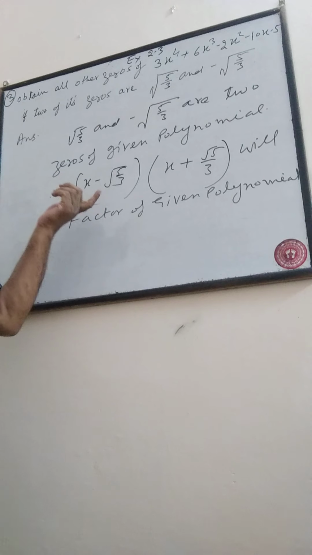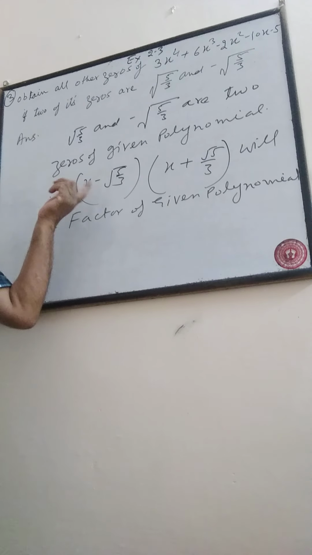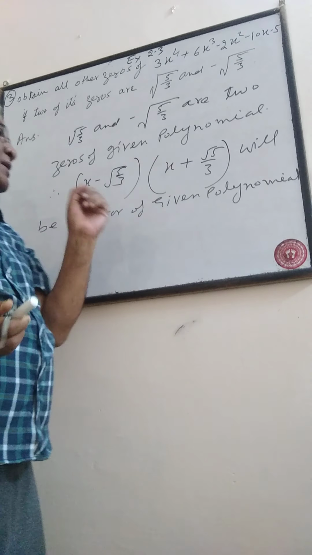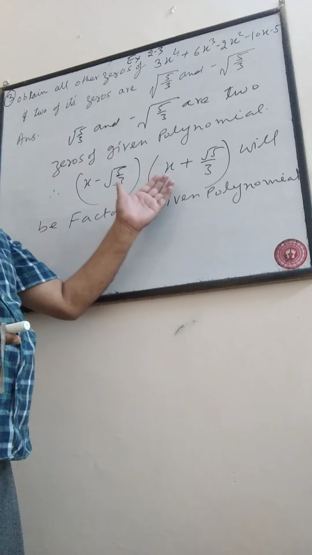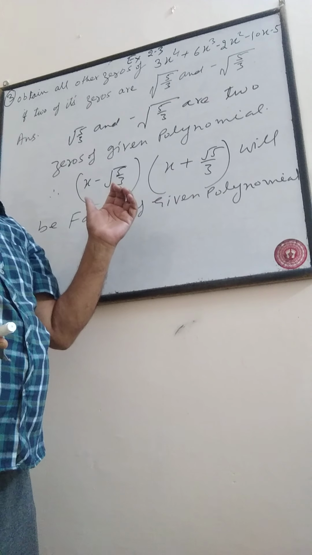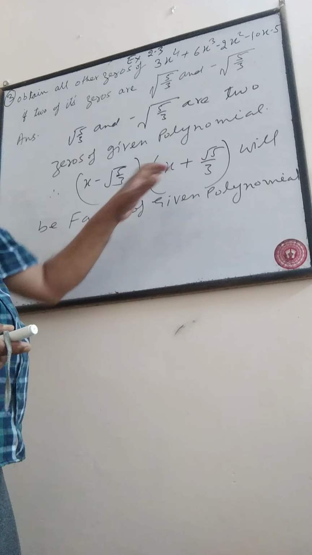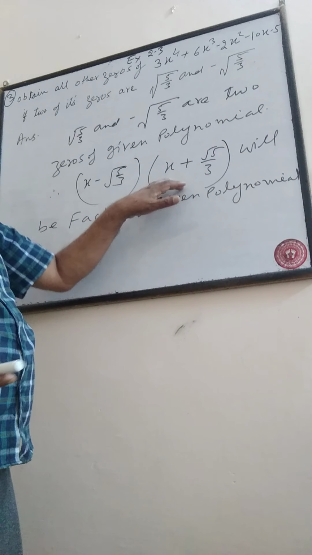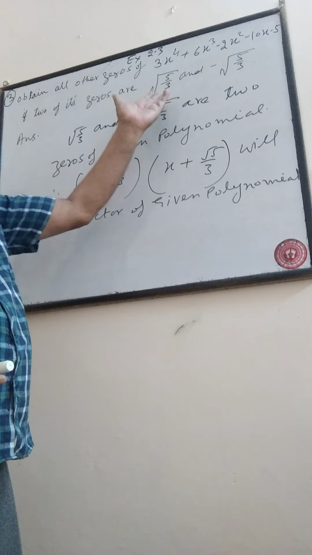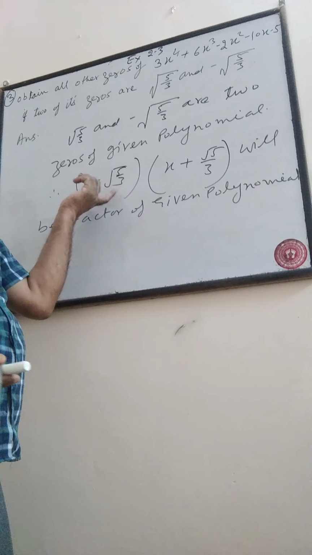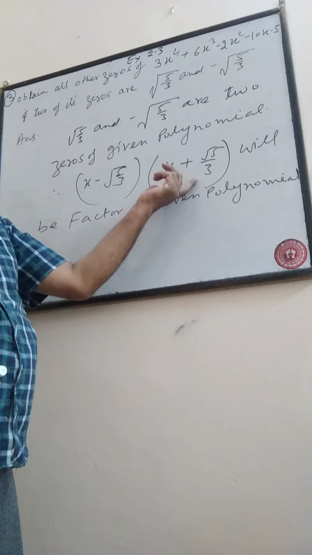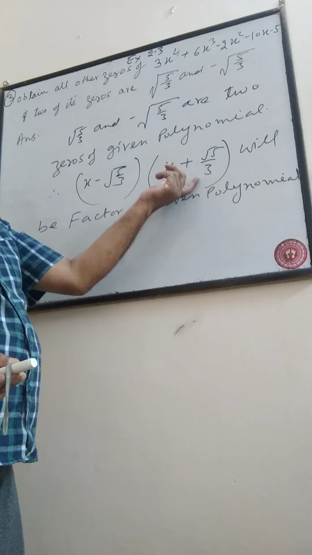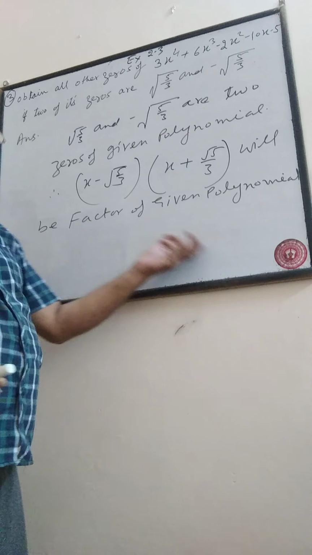Two of the factors will be x minus root 5 upon 3 and x plus root 5 upon 3, that is x minus first zero and x minus second zero. So these two factors will give the two zeros. Two zeros are given to us, so we have written the two factors like this. If zeros are given, then x minus first zero into x minus second zero will be a factor of the given polynomial.